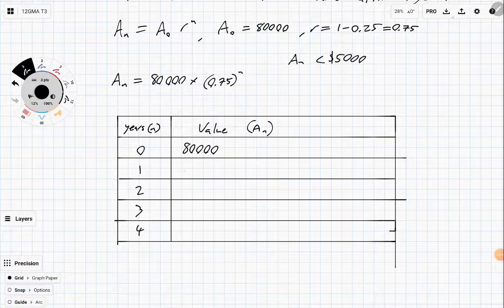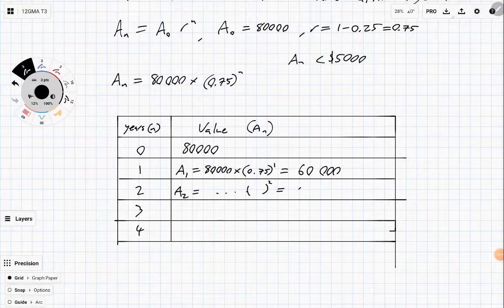Now for the first year, that's going to be A1 is equal to $80,000 times 0.75 to the power of 1. And that's equal to $60,000, which is still bigger than 5,000. So we repeat. And this time, I'm going to work out A2. Same, except to the power of 2. So the only thing I'm changing is the power. This time I get 45,000, which is still bigger than 5,000.